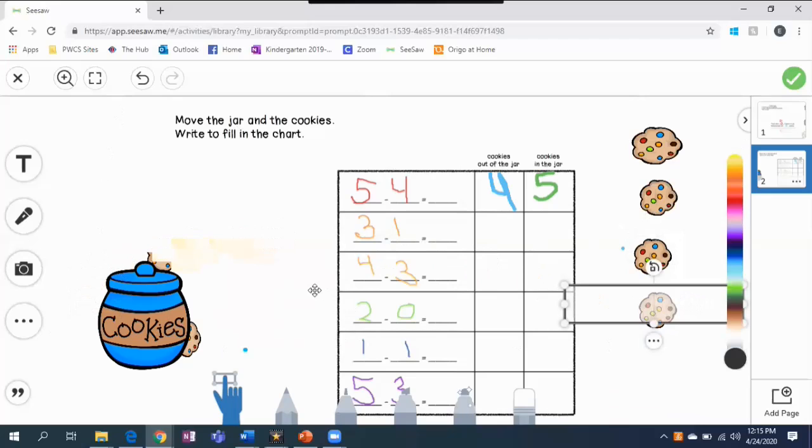So how many cookies are still in my jar? There's just 1. So my answer for my problem is 1.